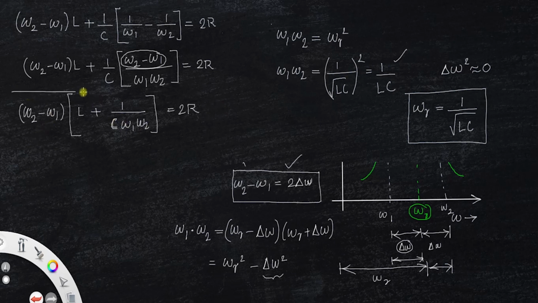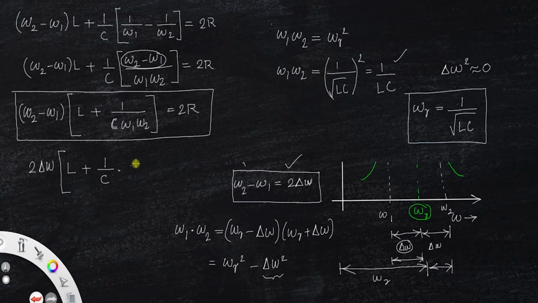Now let's plug in these two values in this equation. So omega 2 minus omega 1 is 2 delta omega into L plus 1 by C into 1 by omega 1 omega 2 equal to 2R.